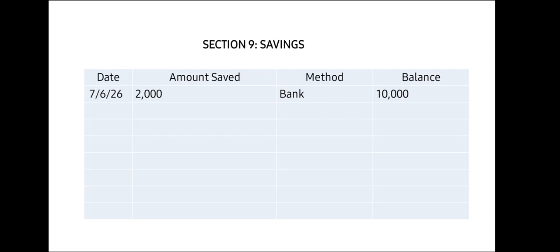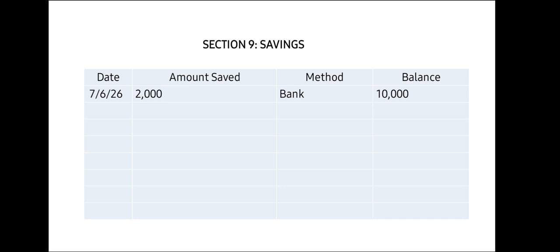Savings, section 9. Why do you need savings in your business? Under the ABA bookkeeping, we put these savings in so that you as a business owner can save for emergencies and growth. For example, on the 7th of June, you are able to save an amount of 2,000 naira.